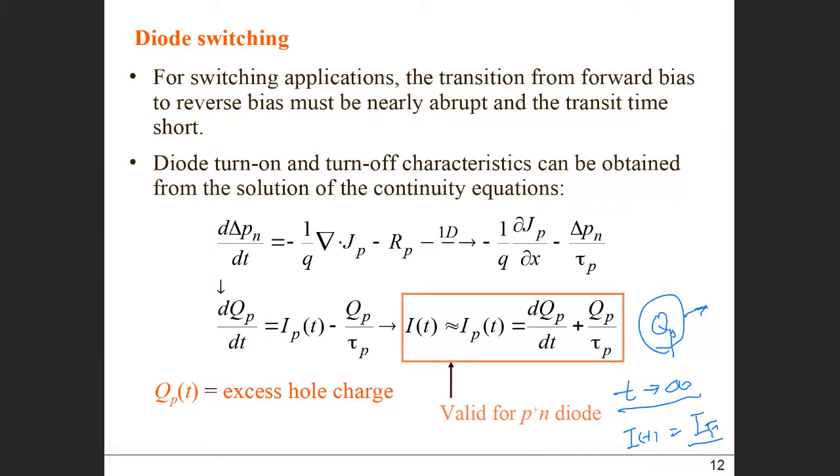If we apply this condition, the time variation becomes 0 and the current is saturated at IF. As you can see, when t goes to infinity, Qp is going to be IF multiplied by tau p.